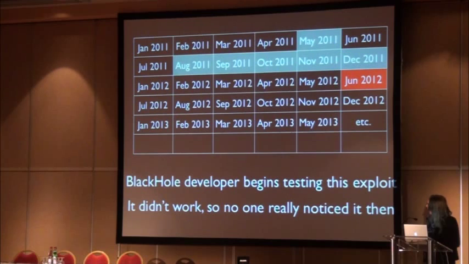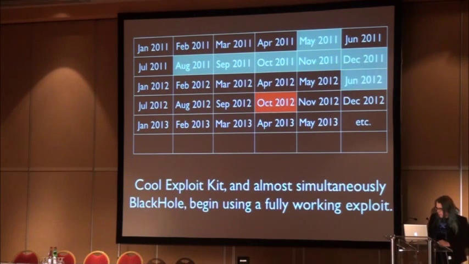It doesn't work," and when I saw that, I immediately recognized, oh, that's this exploit. So apparently, it was in testing on some beta test site or something for the Blackhole exploit kit back in June, and then it didn't really show up again until October when it actually worked.